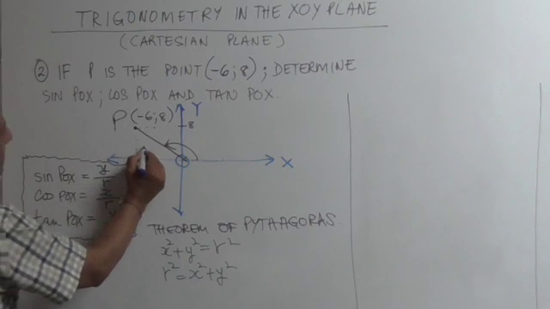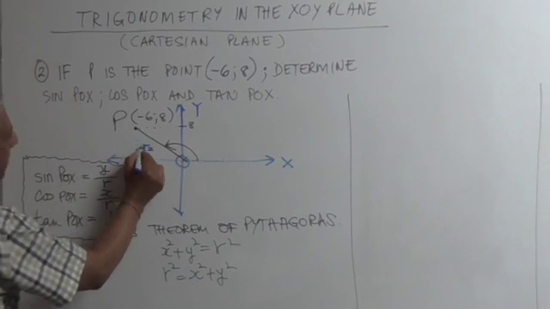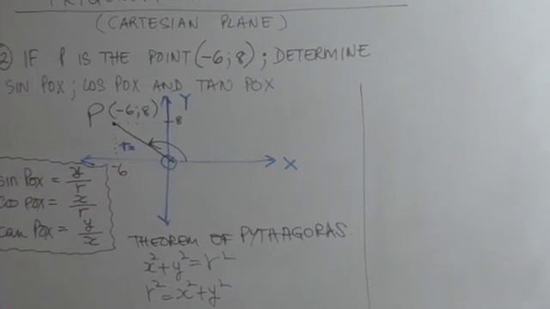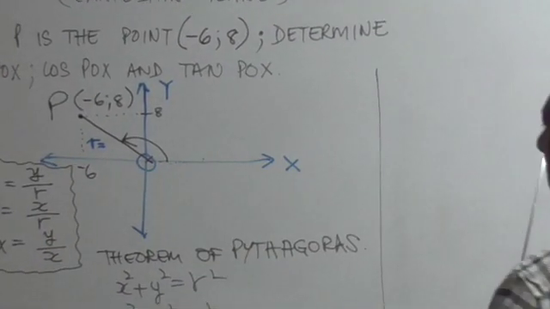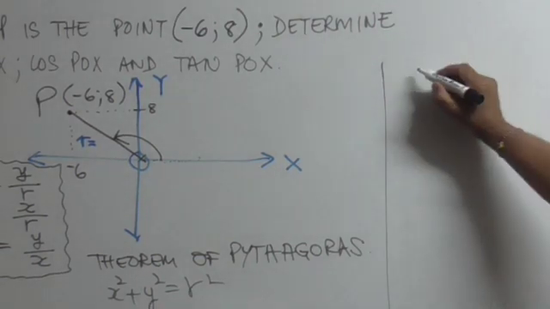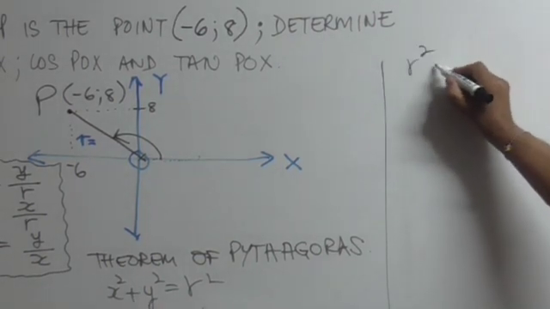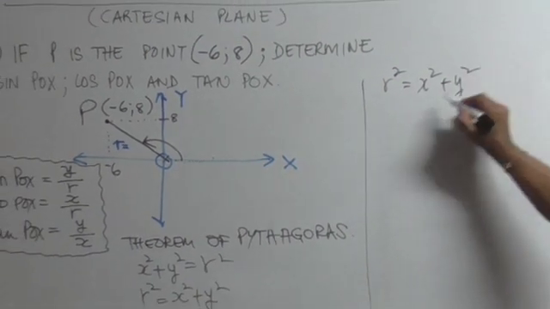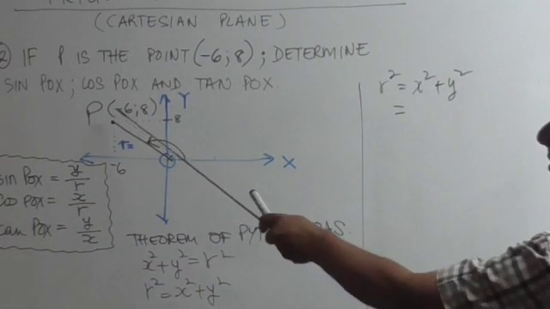So here we have R, but we don't know what it is, so we have to calculate it. Alright, so let's calculate it. Again, since you're finding R, R squared is equal to x squared plus y squared. X is negative 6.